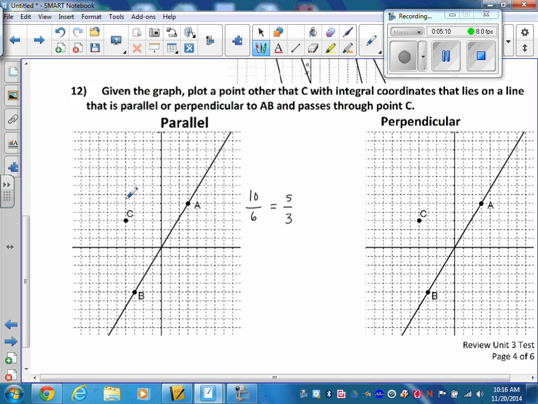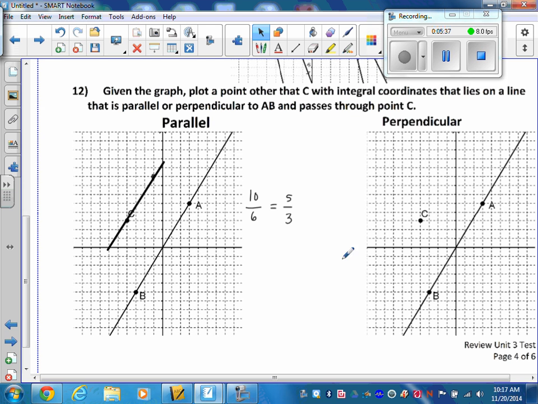So it's 1, 2, 3, 4, 5, 1, 2, 3. So the line needs to go between these two, and there's my line segment. Now this one is perpendicular, so the slope for this one is going to be negative 3/5.